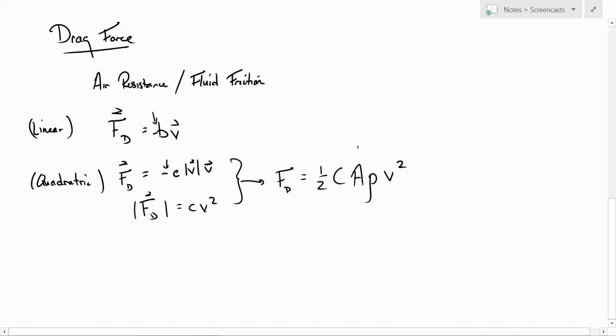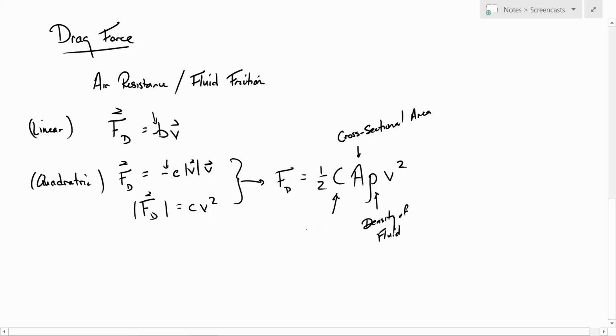And so they say that the cross-sectional area matters, which makes sense. The bigger the area you present, the greater the drag force. Reasonable. They think that the density of the fluid matters, which makes sense. More fluid, more contact, more drag.